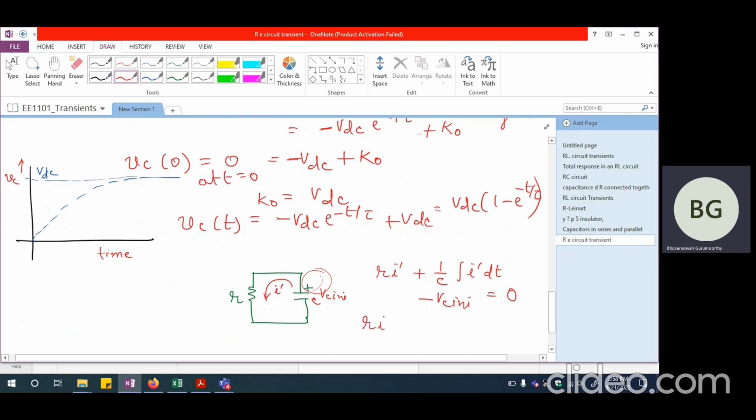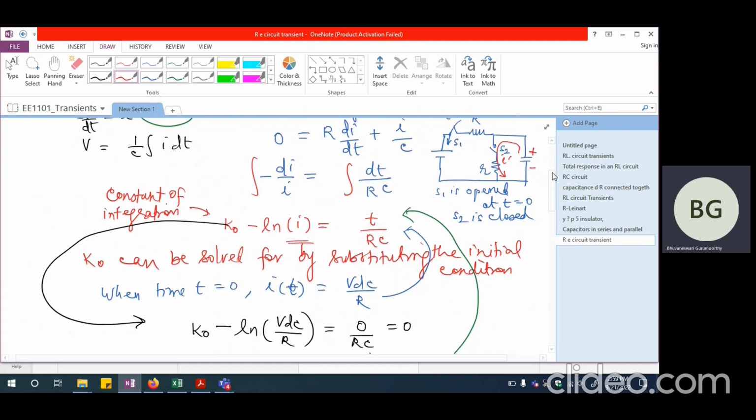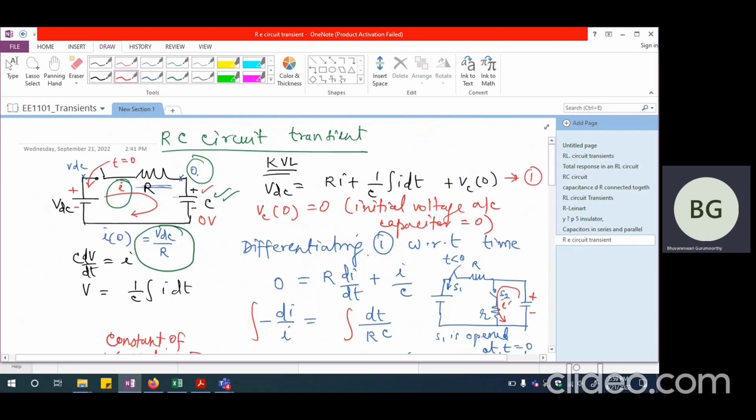So I can write this as R I dash plus 1 by C integral I dash dt equal to VC initial. If I may call this equation the system equation, which is describing the function of the system, that is extremely similar to what originally we had written here. Both of them are exactly one and the same.